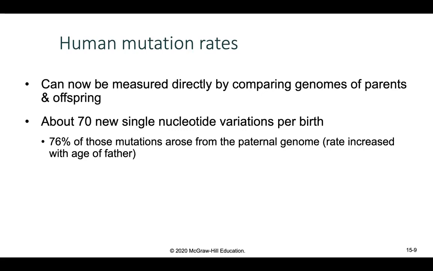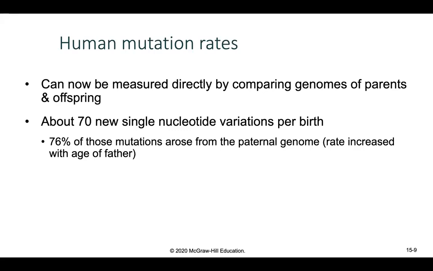For every birth, there's about 70 new single bases or nucleotides that vary compared to the parents. So you guys probably have at least 70 different nucleotides in your sequences compared to your parents. And then your offspring will have 70 new single nucleotide variations as well. So it's pretty amazing how many changes actually occur.